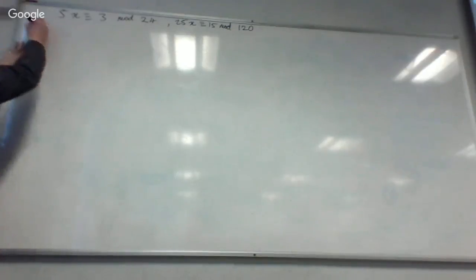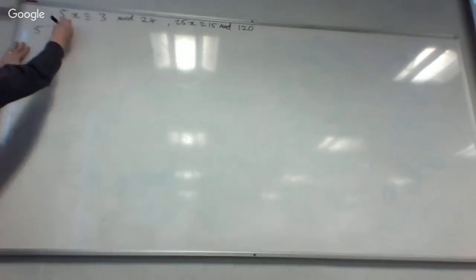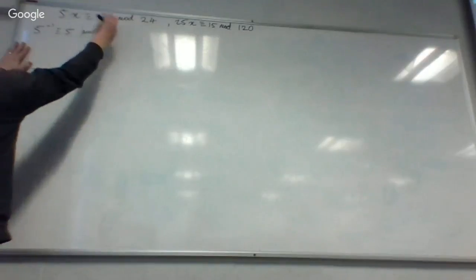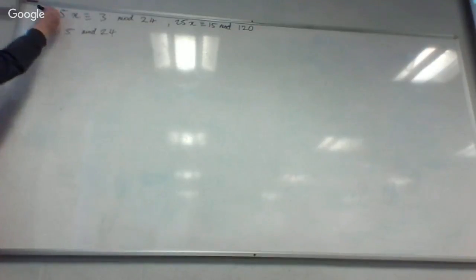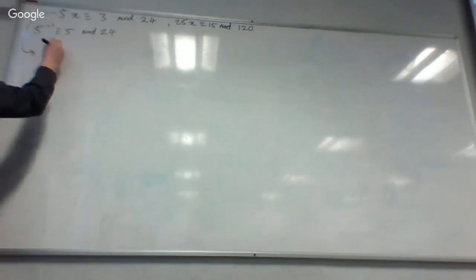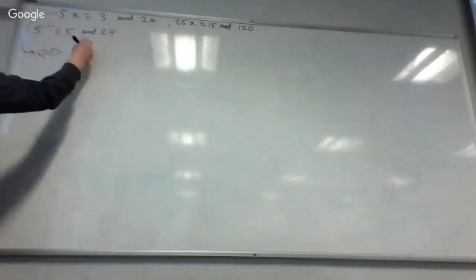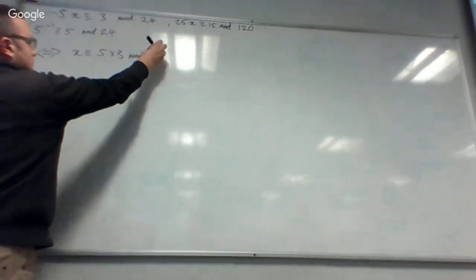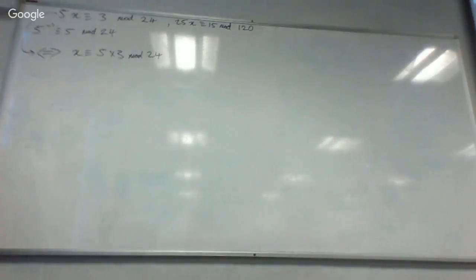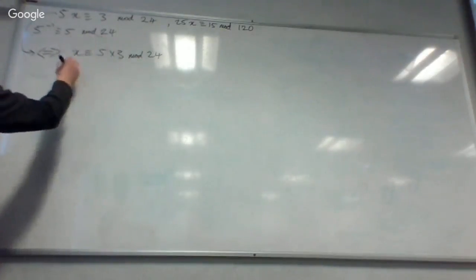Yeah. So 5 inverse, again, it's another self-inverse example. Typically things aren't self-inverse, of course, but it happens to be again. So this one is equivalent to saying x is congruent to 5 times 3 modulo 24, multiplying both sides by the inverse of 5. Or in other words, 15.